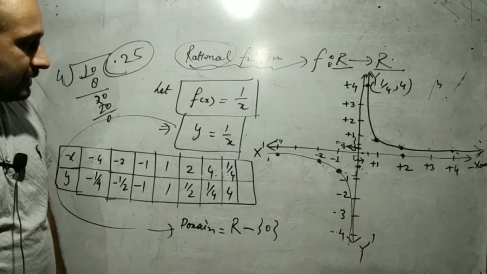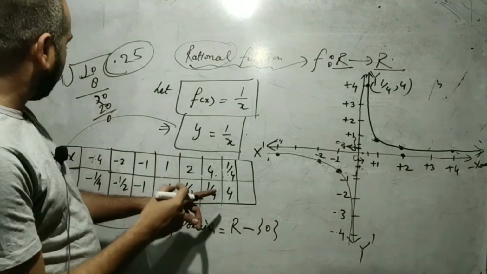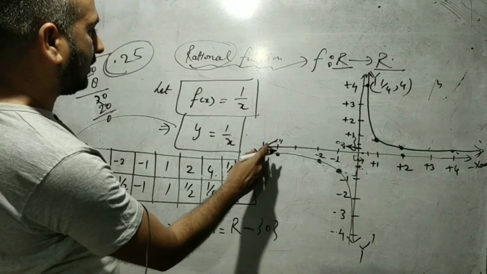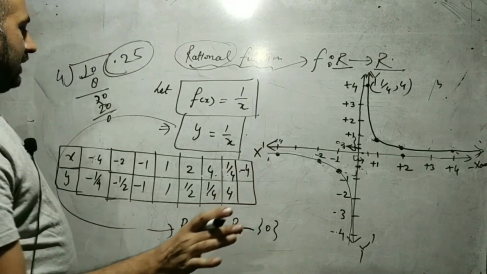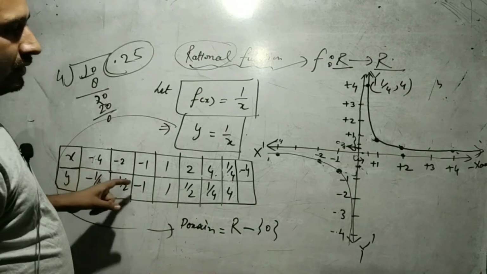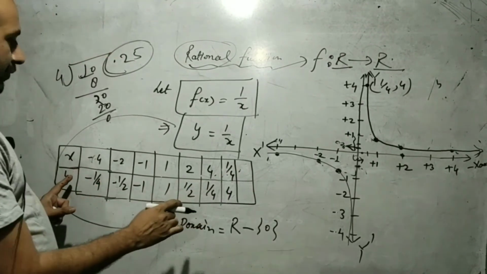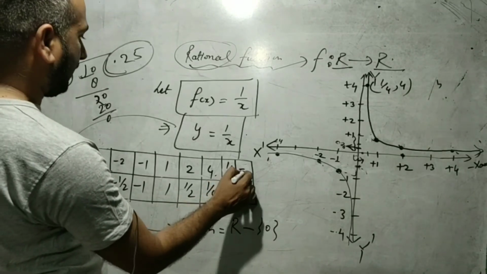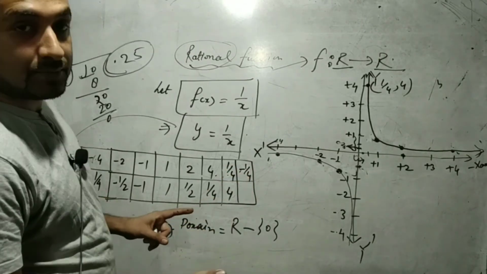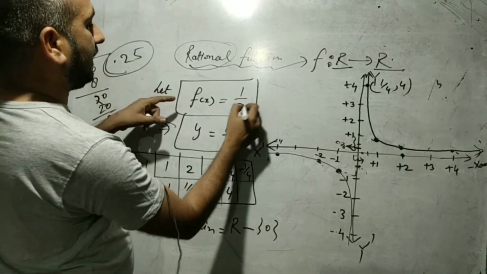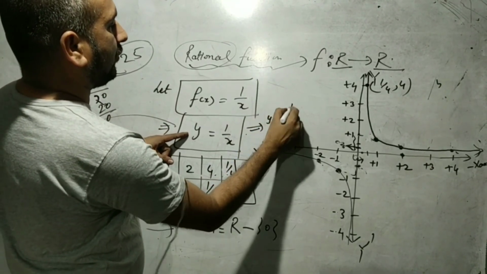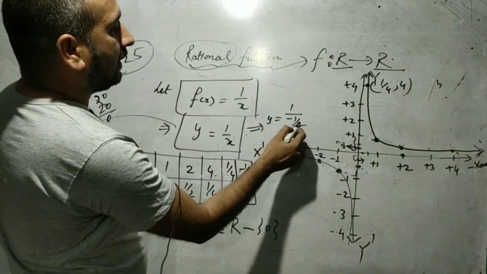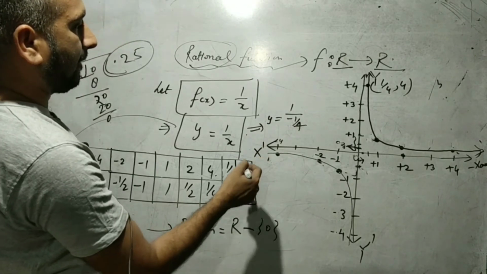Is it clear? Similarly, if you want to put x equal to minus 1 upon 4, listen students, if I am putting x as minus 1 upon 4, so what is the value of y?